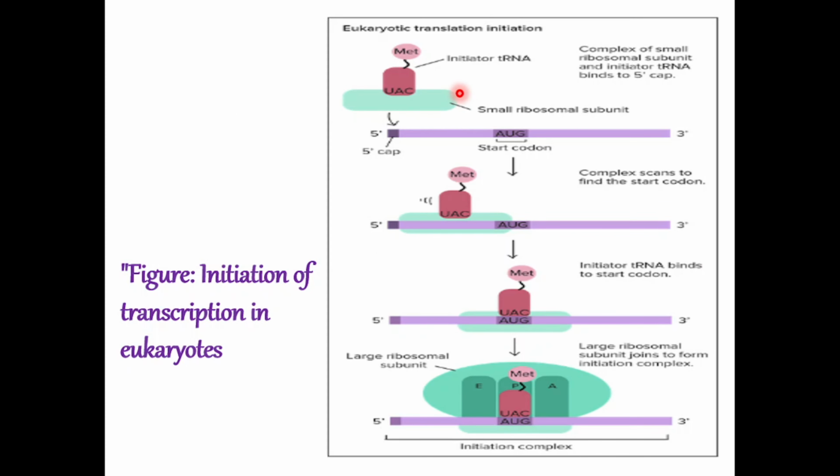Look here. First, the initiator transfer RNA and small ribosomal subunit bind at the 5' cap. Then it walks toward the 3' end. After it reaches the start codon, they stop.